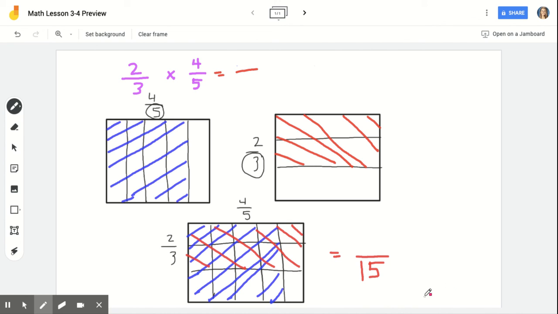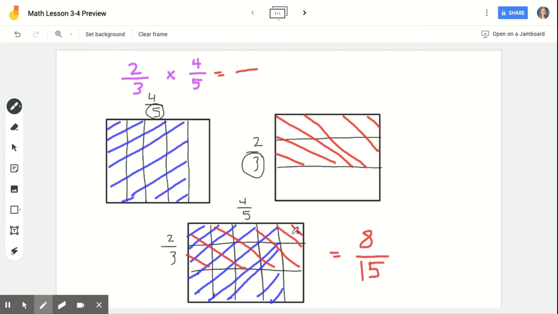What did you get? How many pieces? I got 8. Did you get 8? If not, go back and double count. So I'm looking at boxes that have red and blue or 2 different directions of line. So 1, 2, 3, 4, 5, 6, 7, 8. That is our numerator. How much is double shaded?